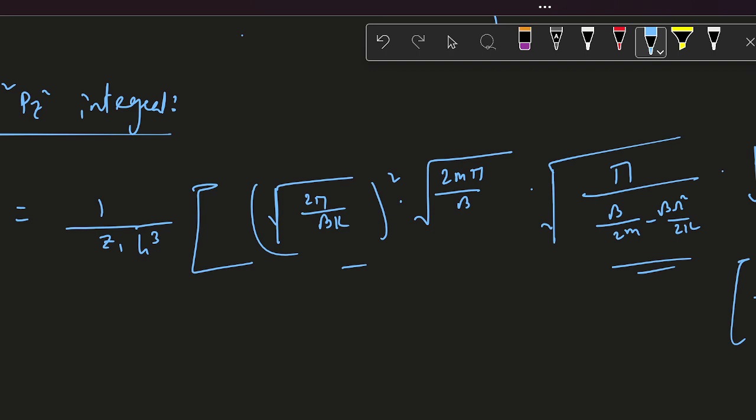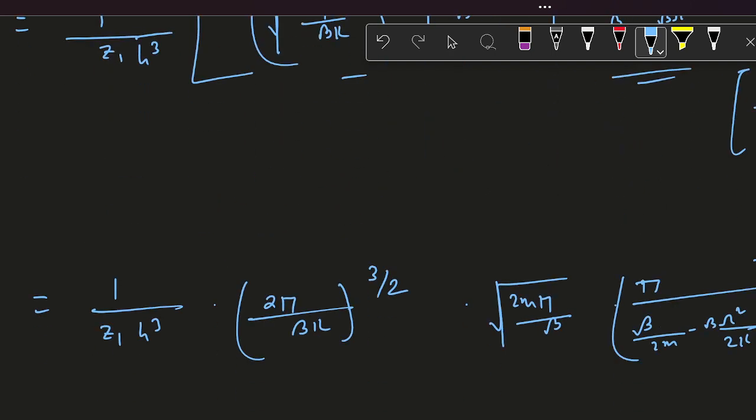Then the rest of the term is 1 by beta k plus omega squared by 2k squared, beta by twice m minus beta omega squared by twice k.